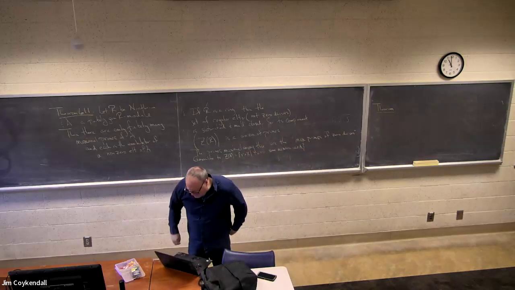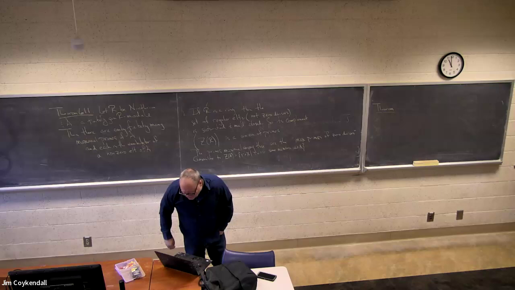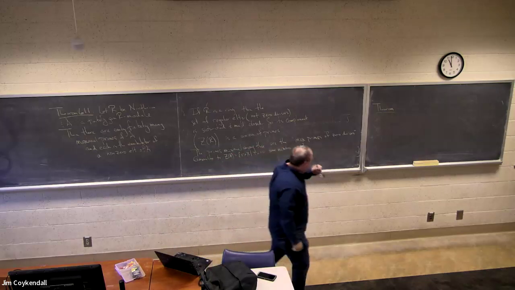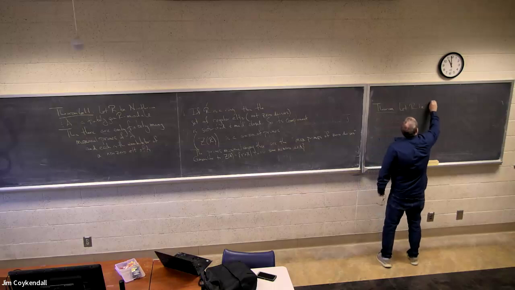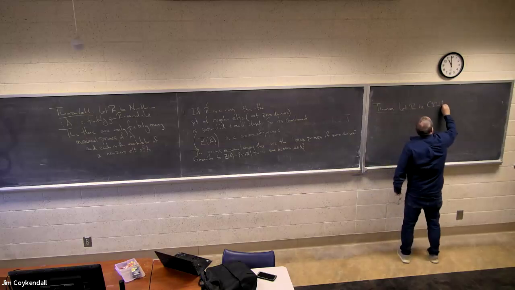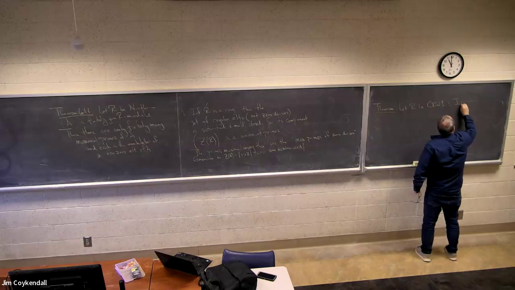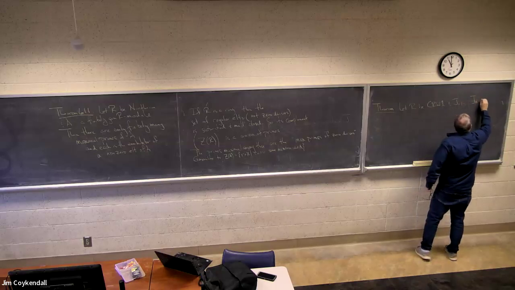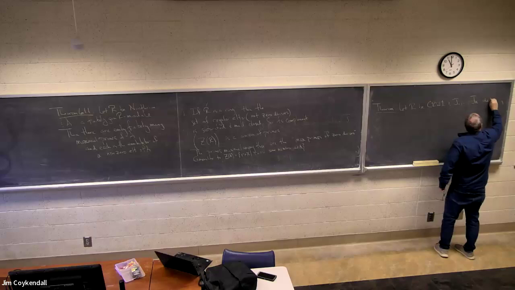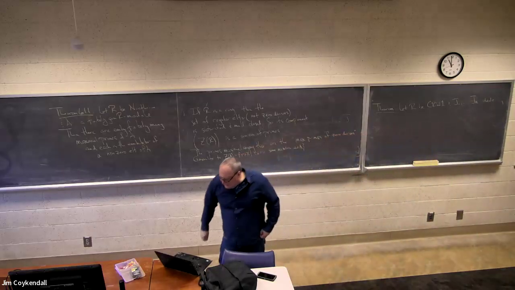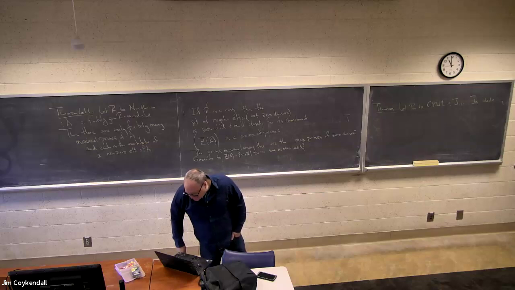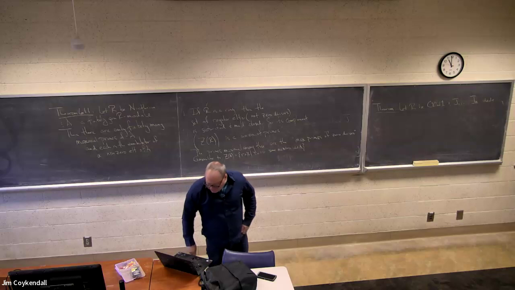Let R be a commutative ring with identity, and let there be a collection of n ideals in R. And S is a subring contained in this union.